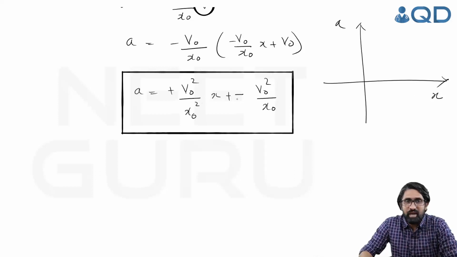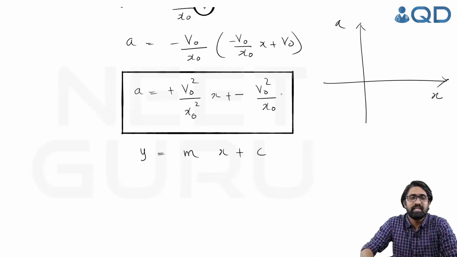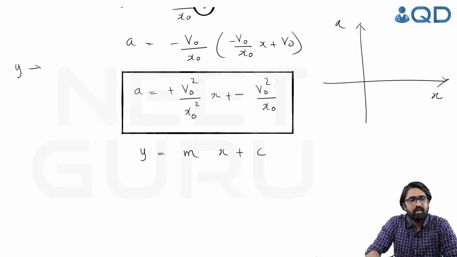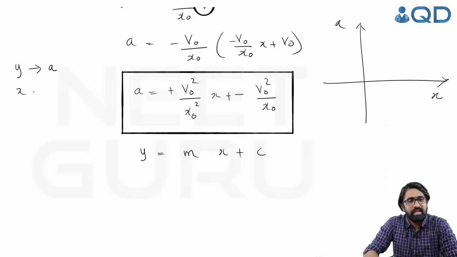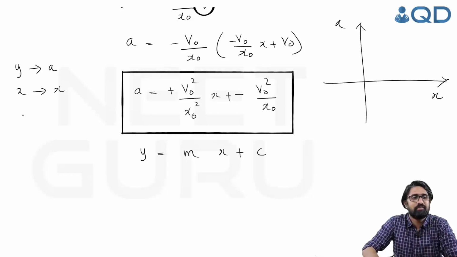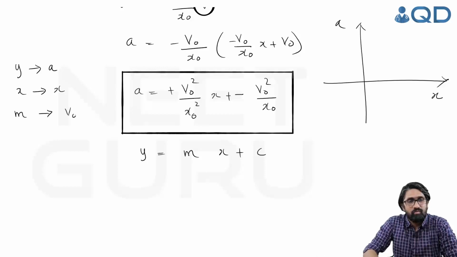So now if I try and compare this equation here with respect to the standard equation for the straight line, that is y is equal to mx plus c, it's very clear that y corresponds with a, x corresponds with displacement x itself, m, the slope corresponds with v0 square by x0 square, c, the y-intercept corresponds with minus v0 square by x0.